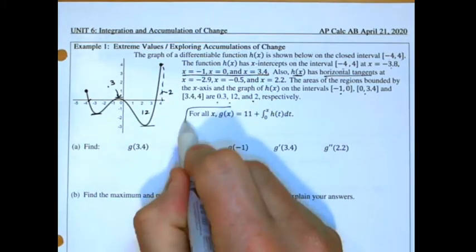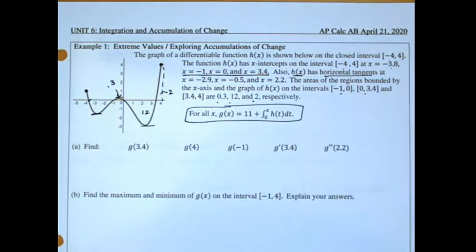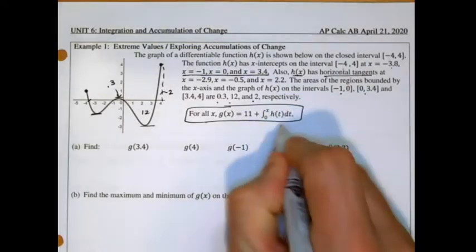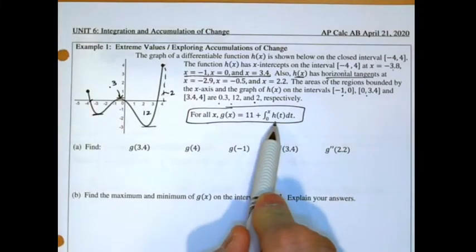For all x values, g of x is equal to 11 plus the integral from 0 to x of h of t dt. Now remember, this is the second fundamental theorem of calculus.